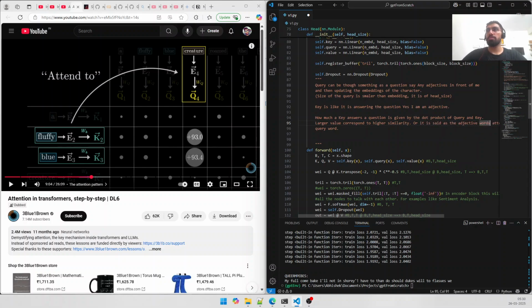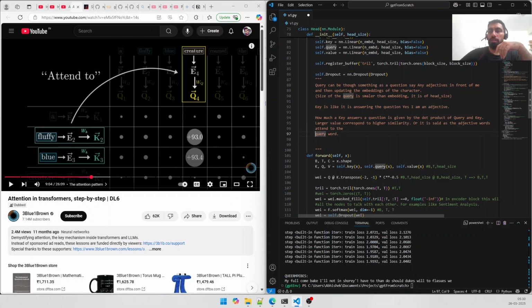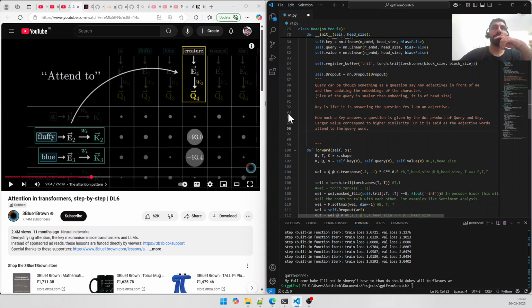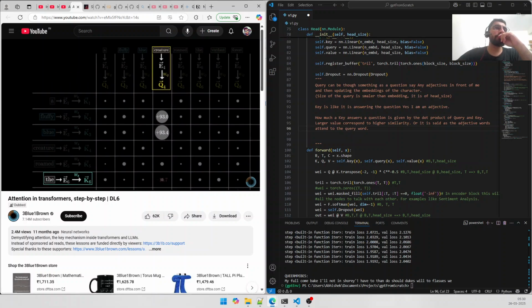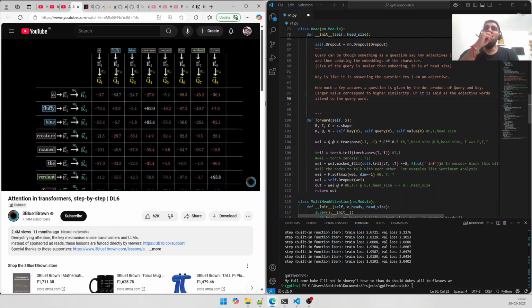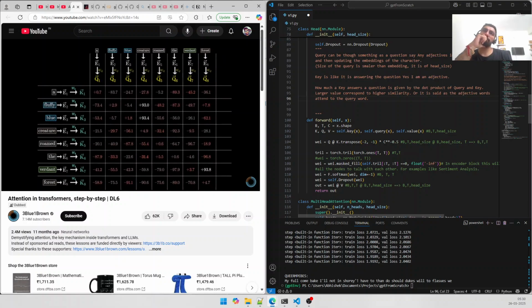Does the adjective word attend to the query word Creature? By contrast, the dot product between the key for some other word, like the, and the query for Creature would be some small or negative value that reflects that these are unrelated to each other. So we have this grid of values that can be any real number from negative infinity to infinity, giving us a score for how relevant each word is to updating the meaning of every other word.